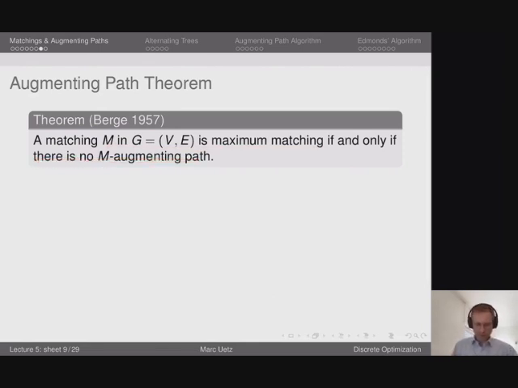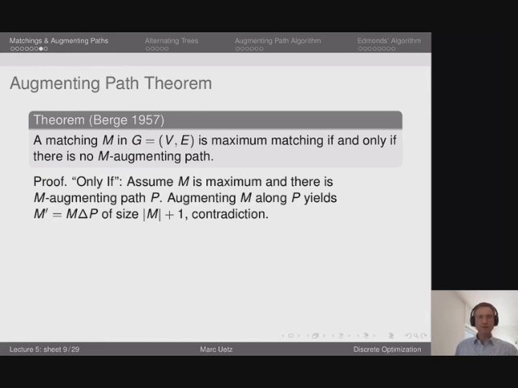One direction we already proved, because if we have a matching M and there still is an M augmenting path, then that matching was not maximal, right? Because we can augment the matching, we can increase its size by 1 by just using this M augmenting path and obtain a matching of size M plus 1.